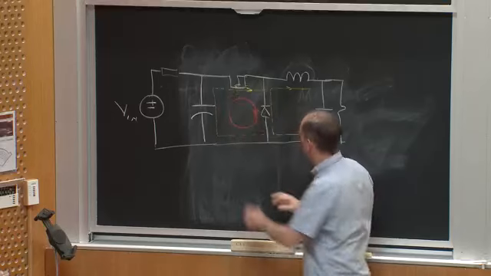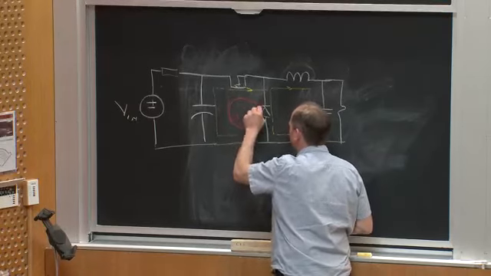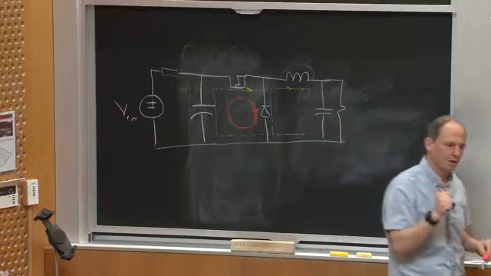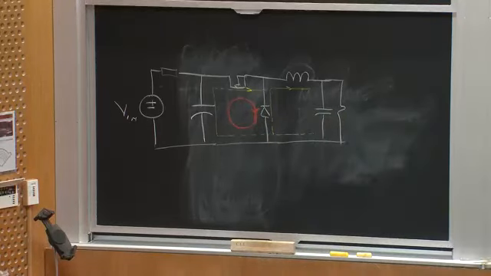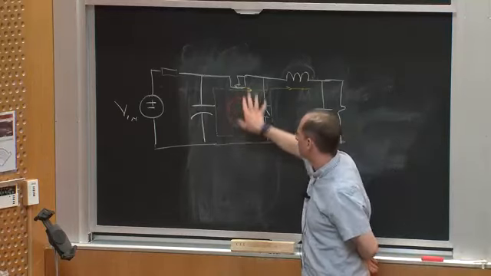But this is where the big AC current is. So the first thing I think about when I'm putting together my circuit is how do I minimize that loop in terms of its inductance. And so one of the things we're going to talk about today is minimizing loop inductance.